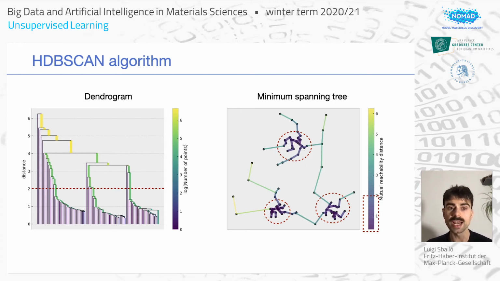And if we remove all edges which have other colors, so all the yellow, green and light blue edges, then we would remain only with 3 disconnected clusters, the ones highlighted by the red dashed line.